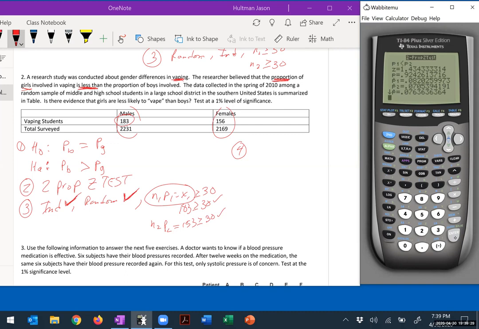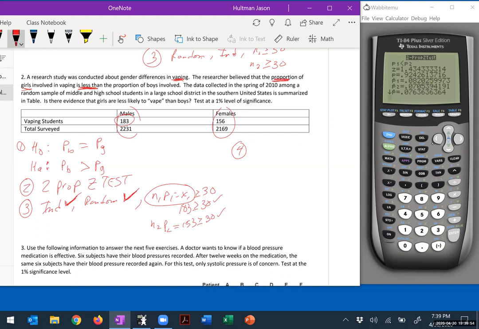So what's the z-score? The z-score is 1.43. You know what? I screwed up. My bad. This is wrong. What did I do wrong here? The inequality was reversed.